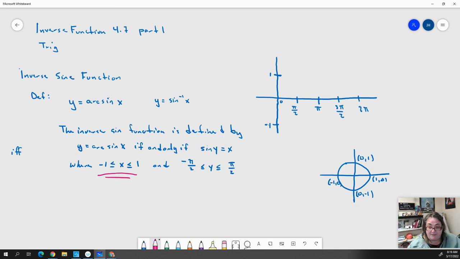And when we graph these, like if I have this graph extended, let's put that back in blue. If I have this graph extended over here, right, all the way out to, say, -pi, right? If this is -pi, this is -pi over 2.